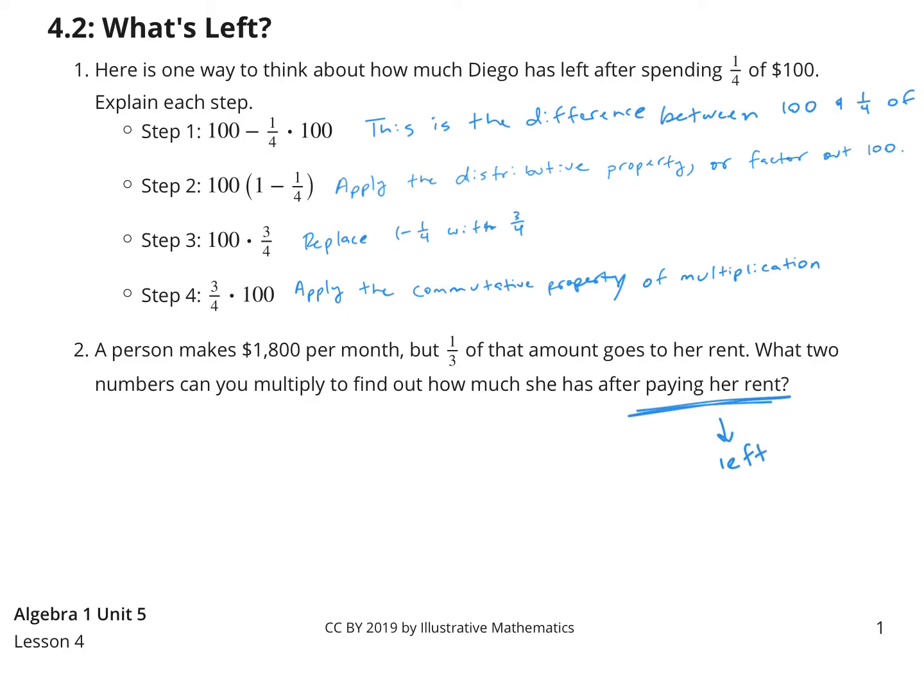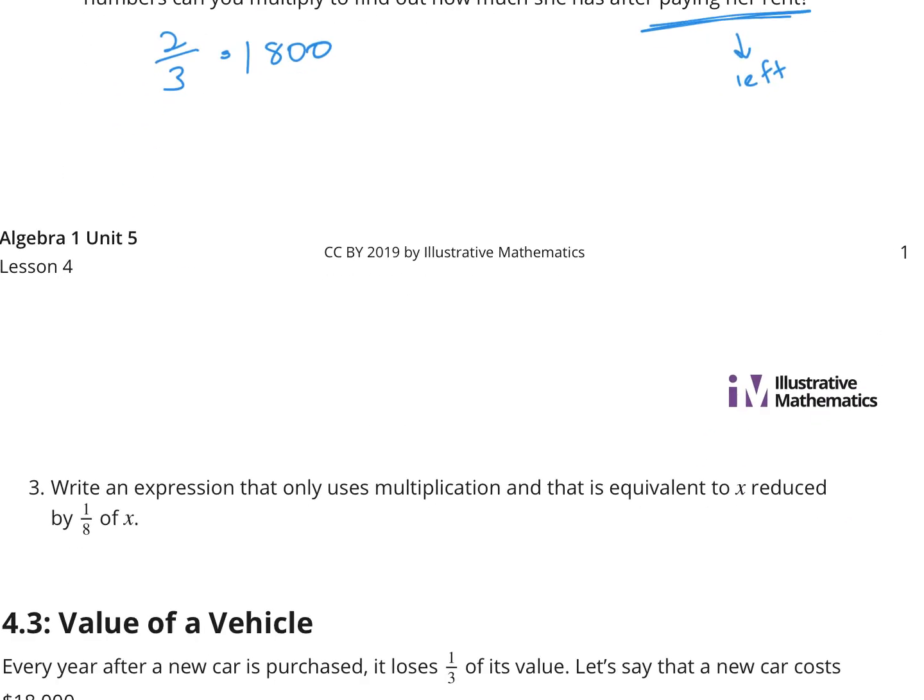Go ahead, pause the video, and see if you can come up with what you're going to be multiplying. If a third is going towards the rent, that means she has 2/3 left. And she's going to be taking that 2/3 and multiplying it by the 1,800. So those are the 2 things you're going to multiply. Don't need to actually answer the question, just needed to see what to multiply by.